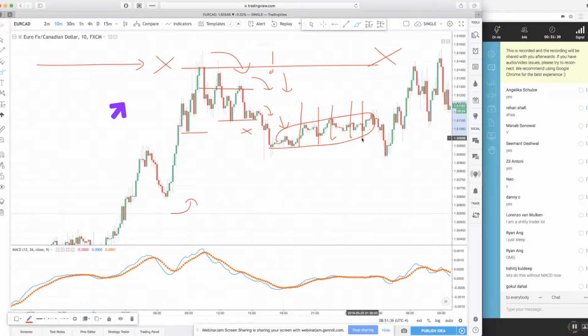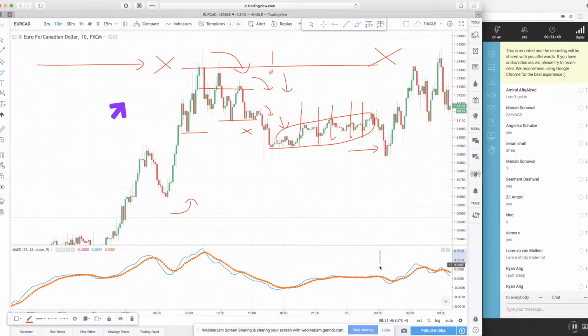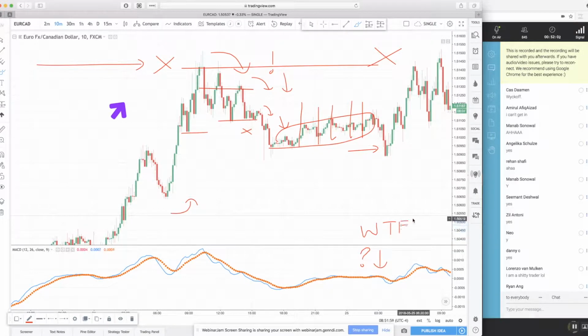After that chop, remember, you have aggressive, sudden movements showing up, which doesn't make sense to your average market. According to your indicator, it's like, what is going on?